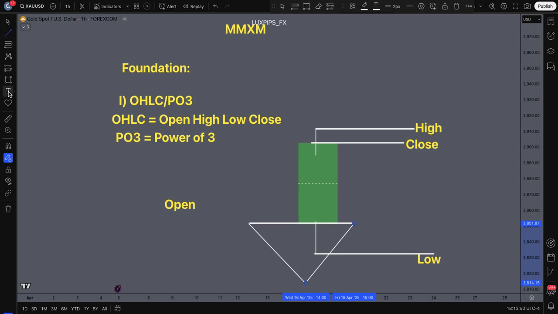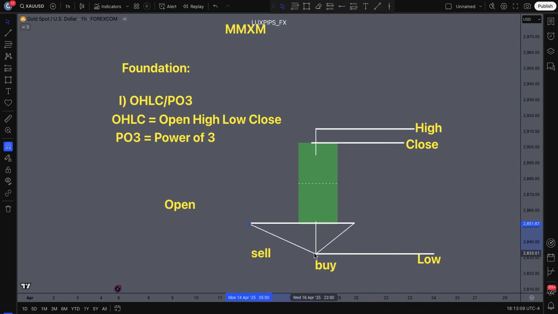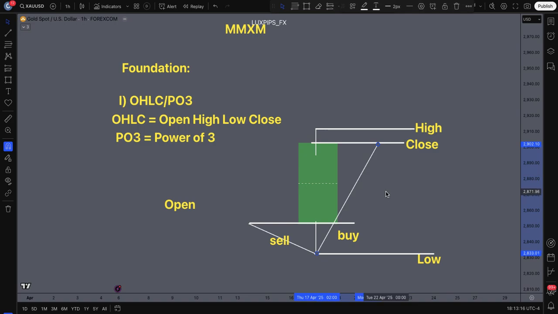And this is an MMXM right here too. That's what's happening in this wick. So this buy is right here, sells right here. And you can use this buy up to over here, to where your other POI is at. This might be another FVG up here, or another order block, or just a structural high or low.